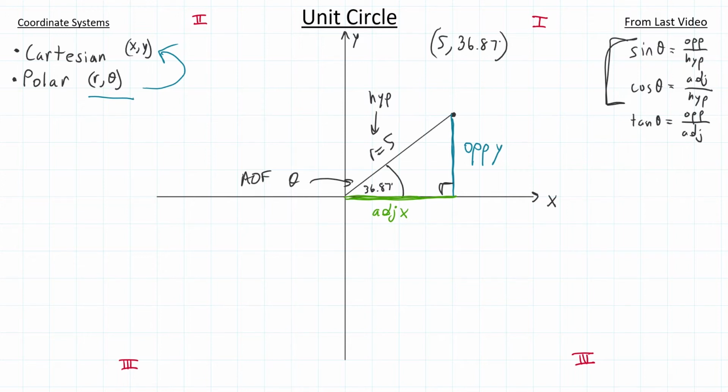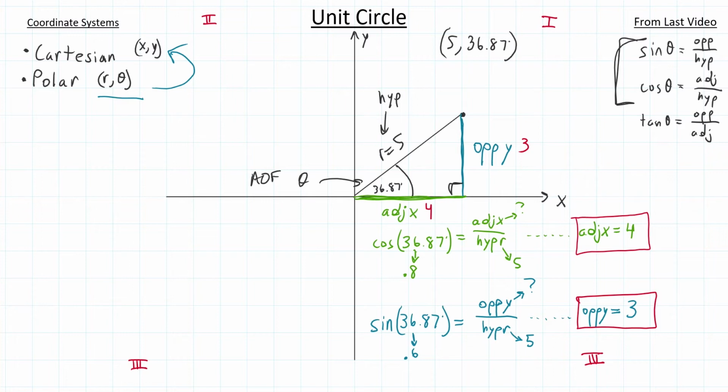So we can use cosine of our 36.87 to calculate our x-coordinate, and sine of 36.87 to calculate the y-coordinate. And I'll put the math up here for that really quickly.